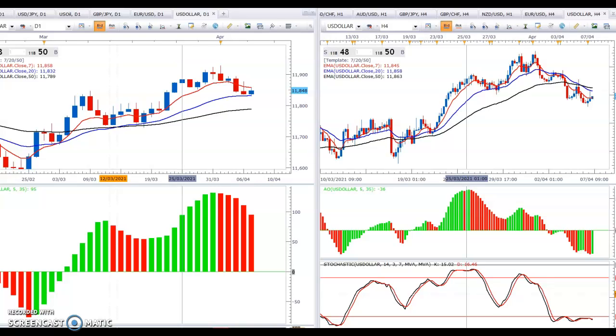Now the left chart is the daily chart on the US dollar index, 11,848. And the right chart is the 4-hour chart on the US dollar index.